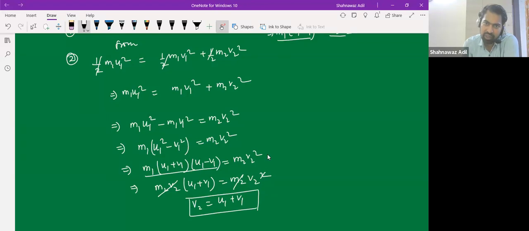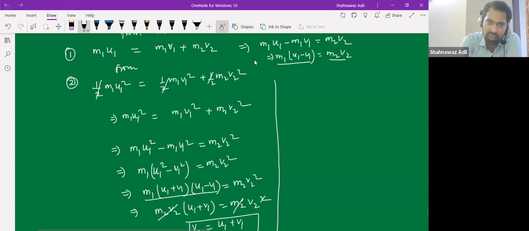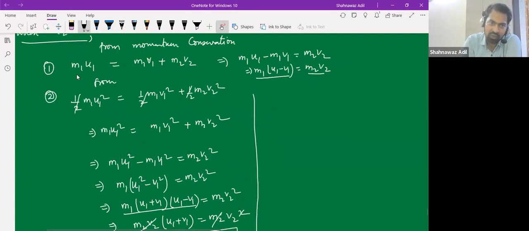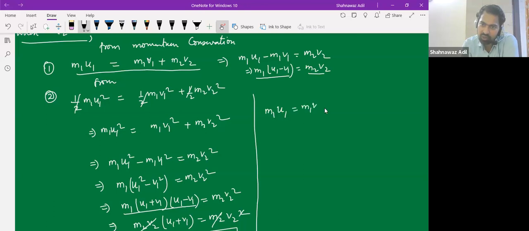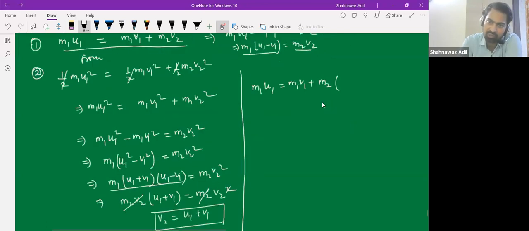And then we can put the value of V2 in here. So we get M1 U1 equal to M1 V1 plus M2, and what is V2? U1 plus V1.